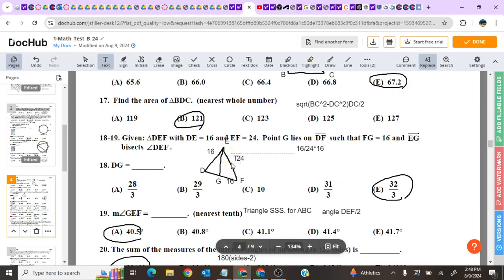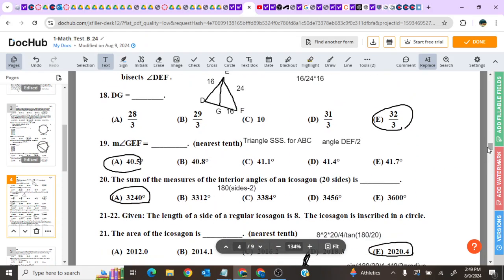As a result, the law of sines gets an interesting combination. You know this angle is split, so these two angles are the same. So 24 over the sine of this angle times the sine of this same angle gets you this side right here. The divided and multiplied sines are the same, and therefore it's just a proportion multiplied by a constant. So that's why it works. And if you do that, you get a value of 32 over 3.